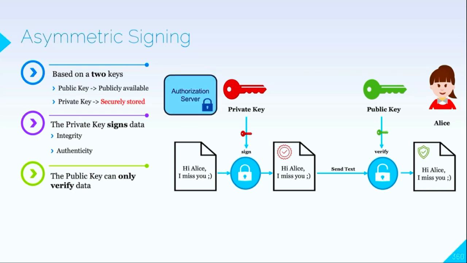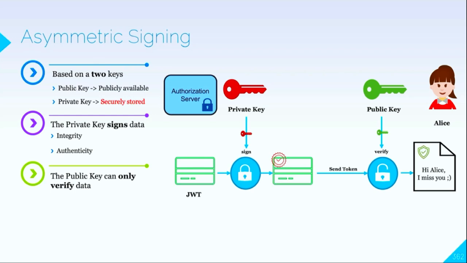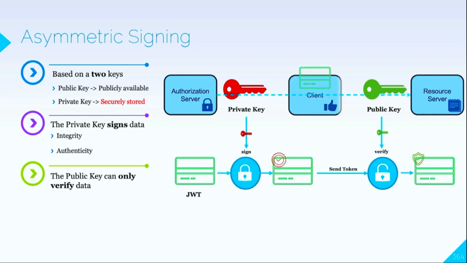Bob represents the OAuth 2 authorization server, which has the private key. The message is like the JWT token that the authorization server creates and signs with the private key before sending it to Alice. Alice is the resource server. She receives the token via the OAuth 2 client and needs to verify its signature locally using the public key. This public key could be stored in each resource server that needs to validate the tokens.